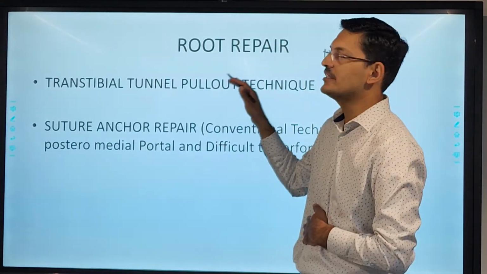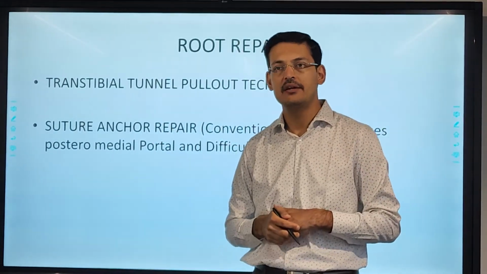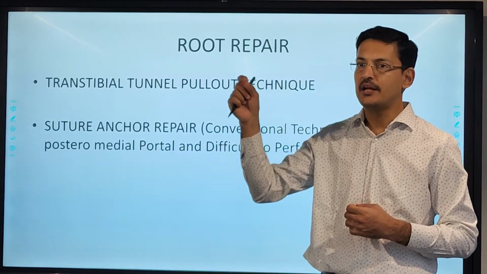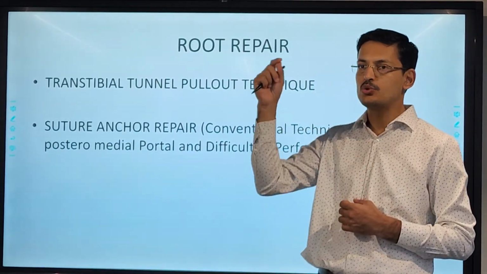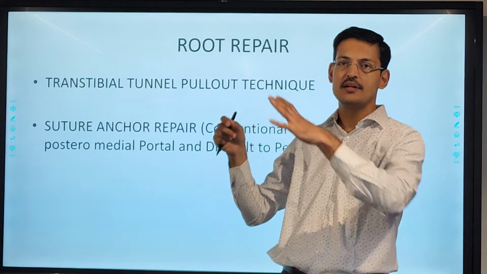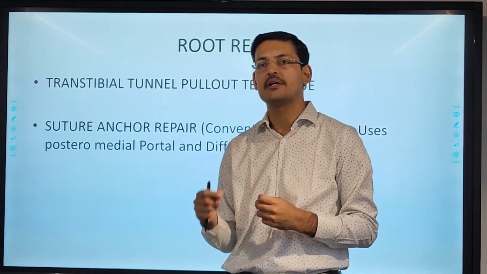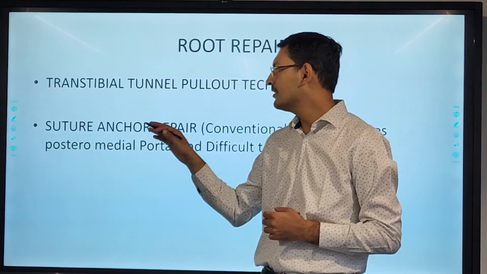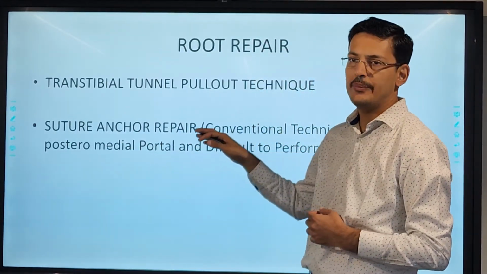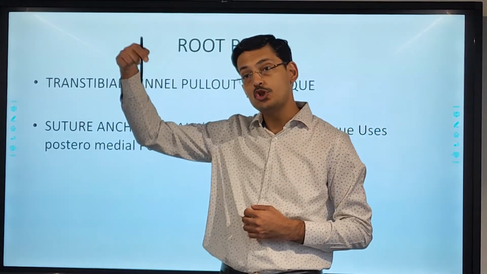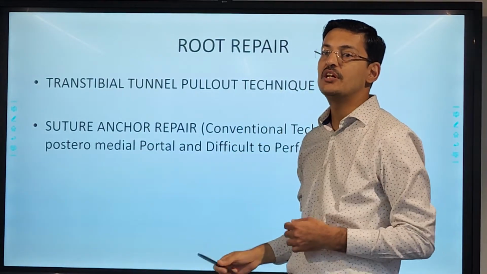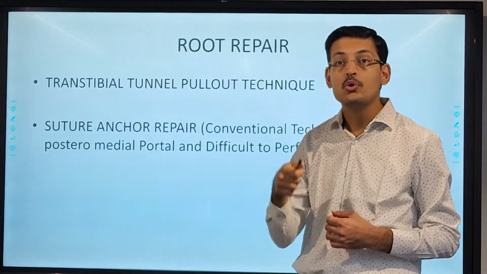The first was a transtibial pull-out technique, in which they make a tunnel into the root, pass sutures into the root of the meniscus, pull the sutures and tie them over the tibia with a suture disc or buttons. And the second was a suture anchor repair technique, in which an anchor was inserted into the root from the posterior medial portal.